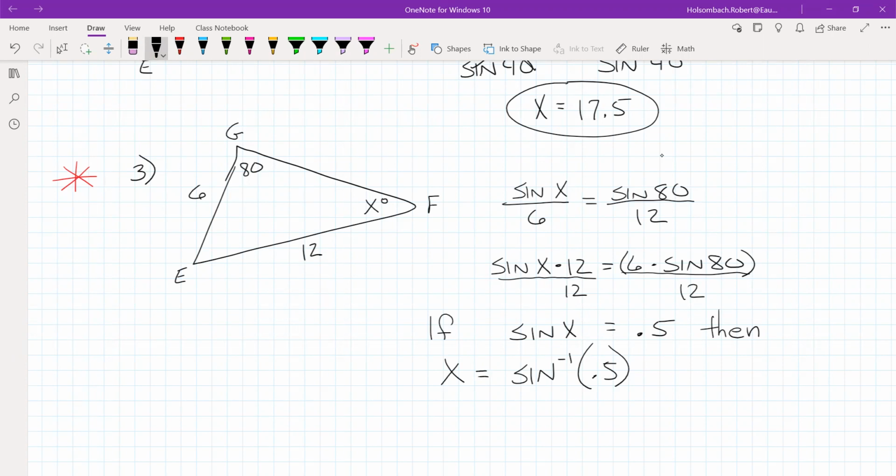So that's sitting on your calculator. Push second sine, and we get 29.5, and that's your angle measure. All right, your X is equal to 29.5. And we do this because we're looking for an angle measure here. When you're looking for an angle measure, you've got one more step at the end of this problem. If sine of X equals 0.5, then the measure of X is equal to the inverse sine of 0.5.